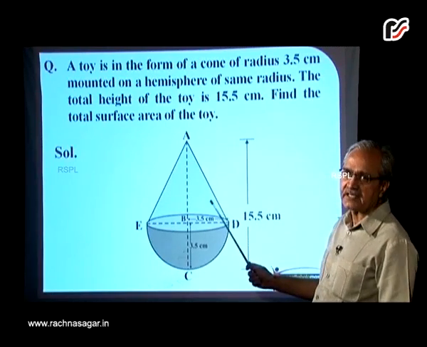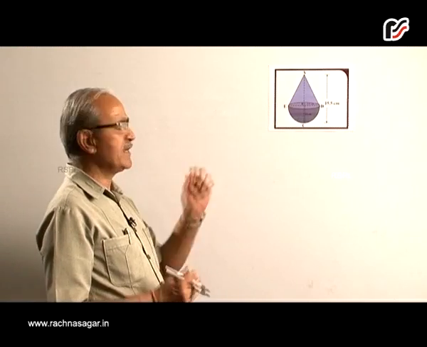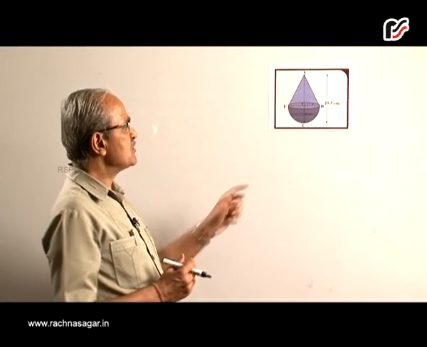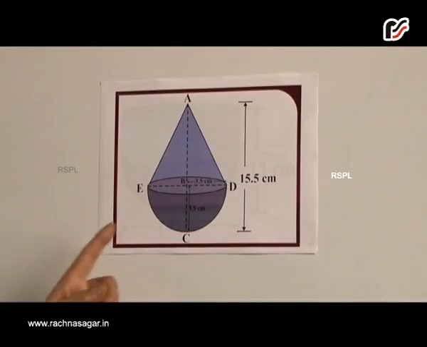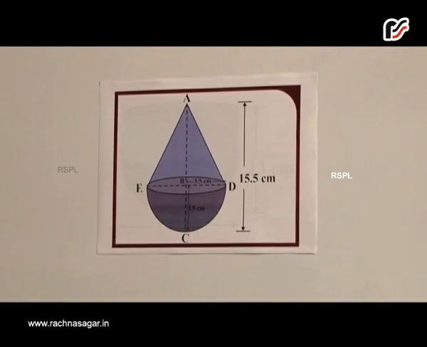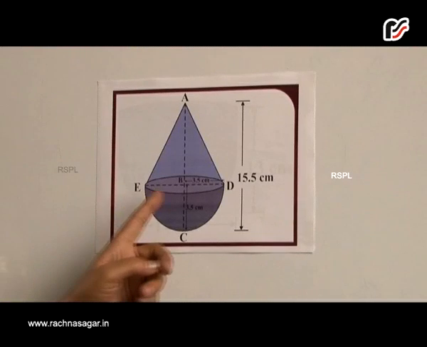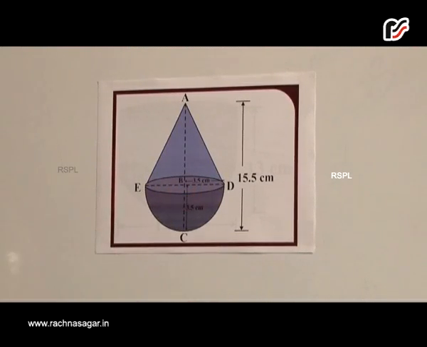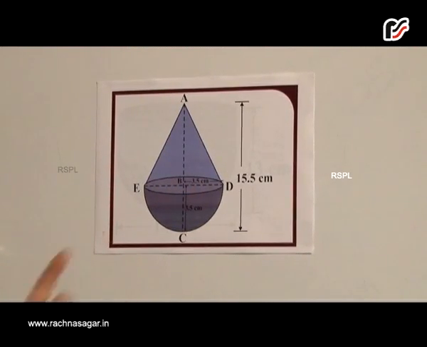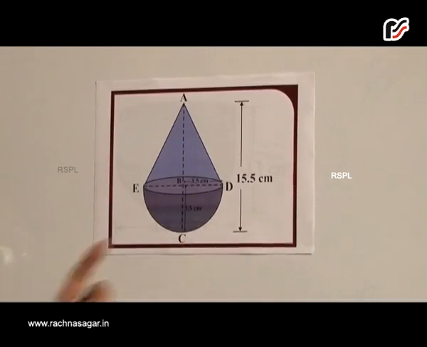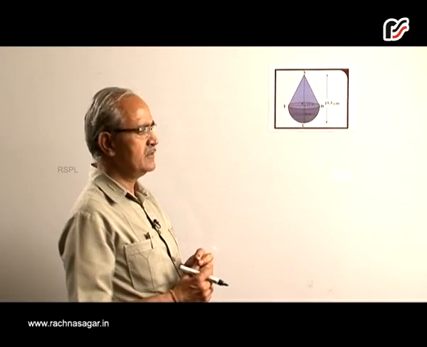Let us see how do we work it out. Now let us have a look at this question. In this question, a toy is in the form of a hemisphere mounted by a cone. Radius of the hemisphere is 3.5 centimeters and total height of the toy is 15.5 centimeters.